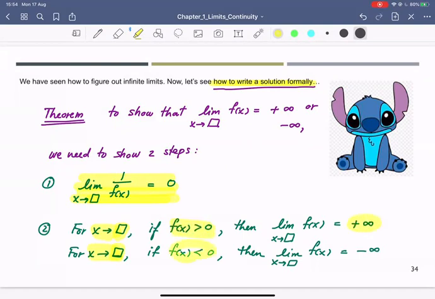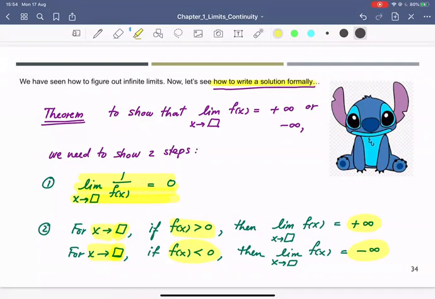If you know that near the box here f(x) is negative, you're going to conclude that the limit is negative infinity. This is how you do it. You need to show 2 things. If you don't show it and you answer plus or minus infinity immediately, no credit.